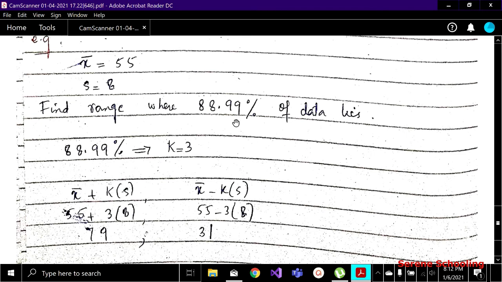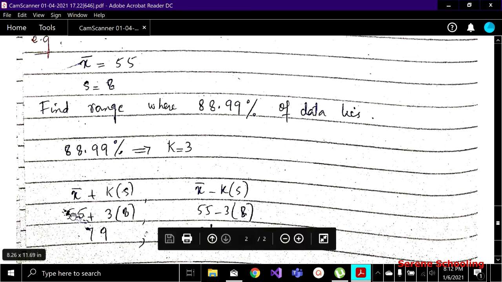So from that you can guess that k is definitely 3. But to confirm, you can put 1 minus 1 by k square with k as 3: 1 minus 1 by 3 square gives you a decimal, and by converting into percentage you get 88.99%. So just by remembering from the book you can also say that k is 3.